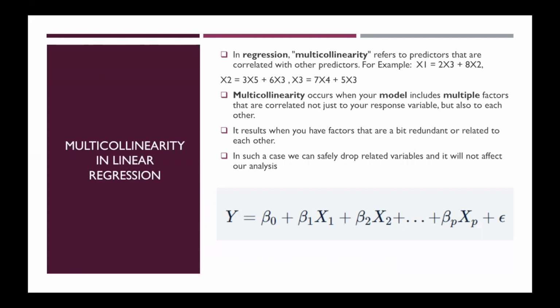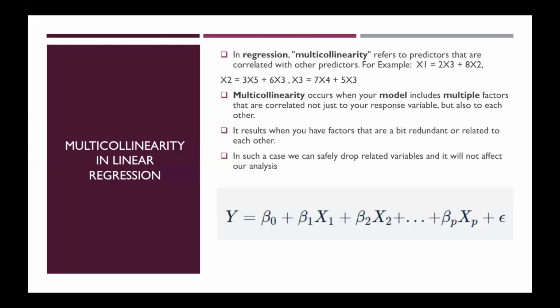At the same time, x2 is depending on x5 and x3. So there is some kind of collinearity existing between x1 and x3 and x2, as well as x2 and x5 and x3. If this kind of relationship exists, we say that there is multicollinearity.